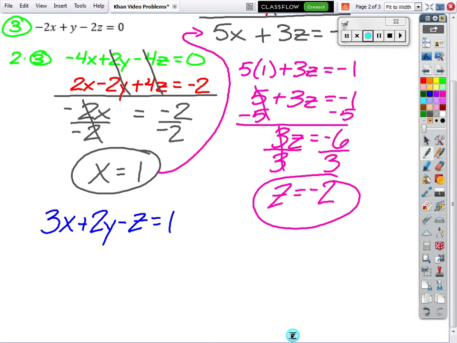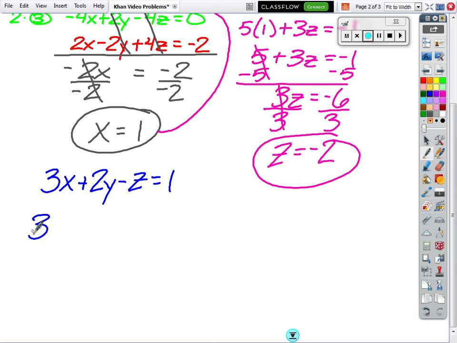And now I'm just going to substitute the values I know. 3 times x, which x is 1, plus 2 times y, minus z, which z is -2. Working to simplify, 3 times 1, oops, I'm sorry, not done yet. I still need to set it equal to 1.